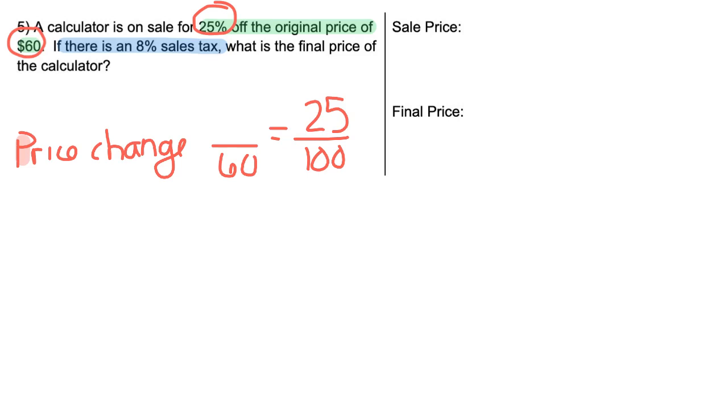And when I multiply and divide by 100, it looks like the price drop is going to be $15. So then I'm going to take the 60, take off the $15 because it's on sale, and the new price is $45. Okay, so far so good.